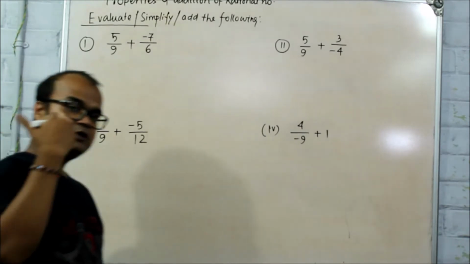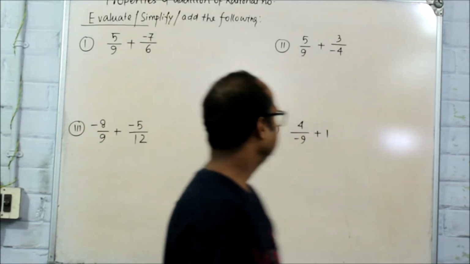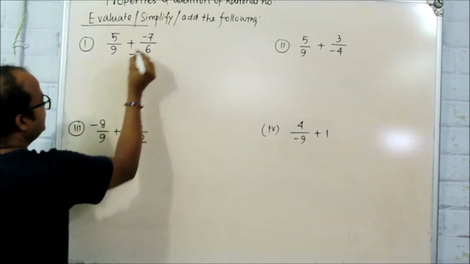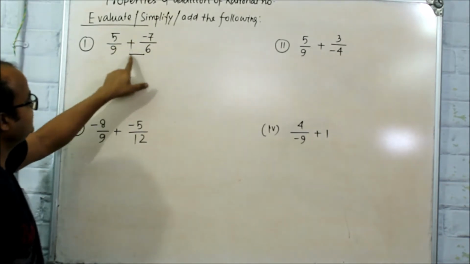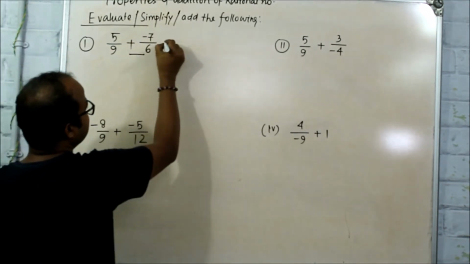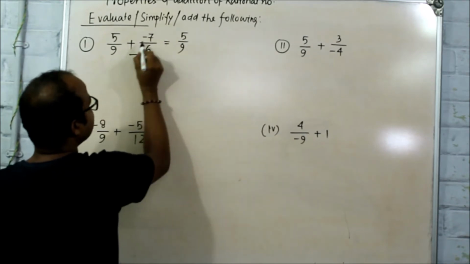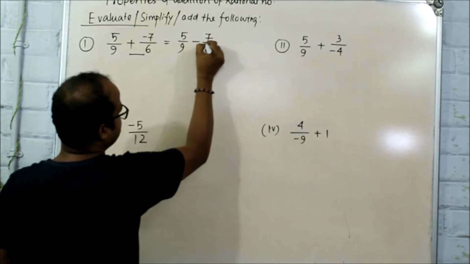In either case you need to simplify it. So now see, first we apply the sign changes over this part. So we can say that this is equal to 5 by 9 plus minus 7 by 6.